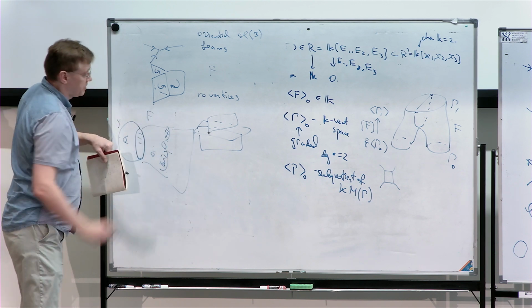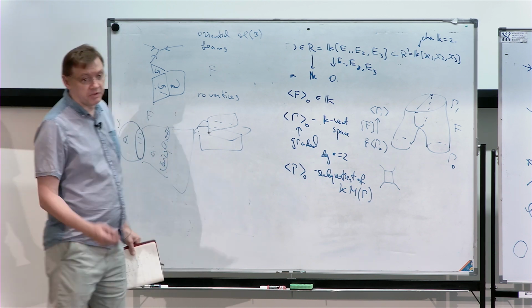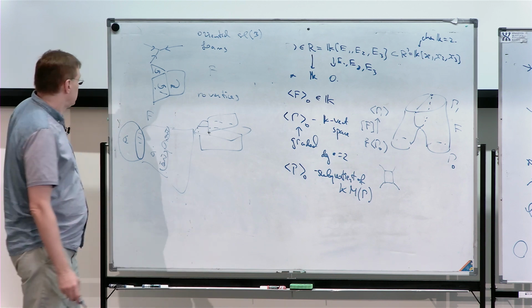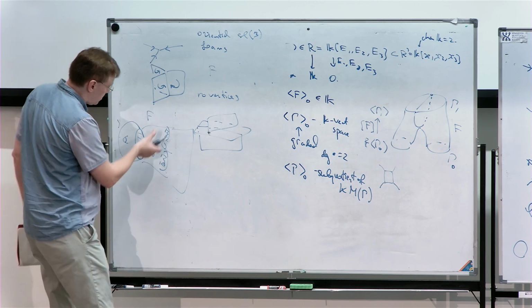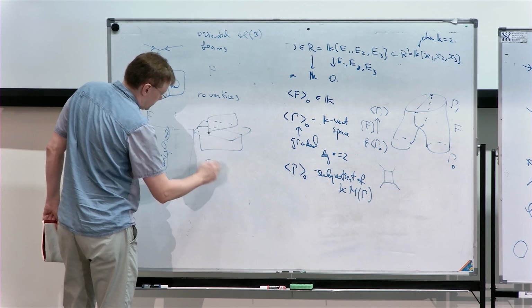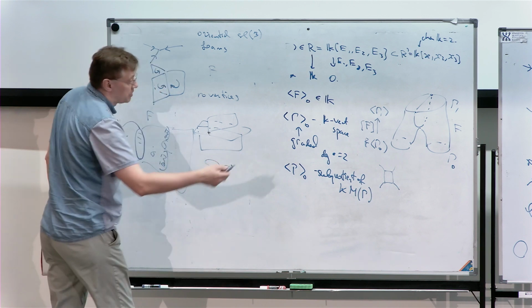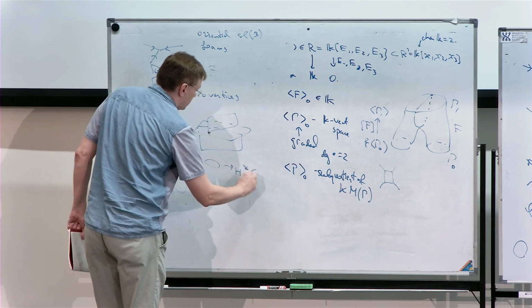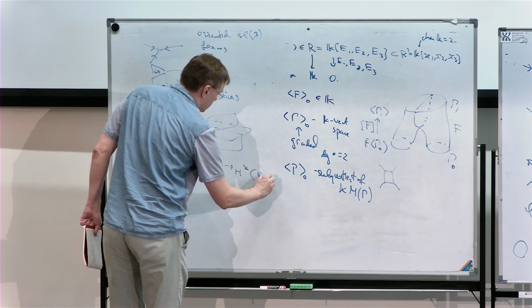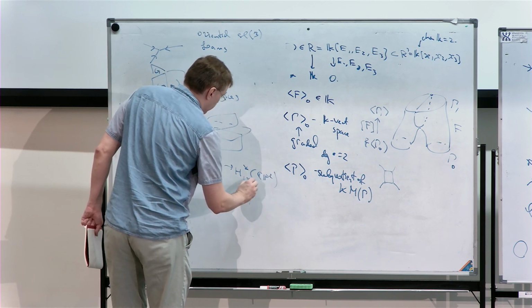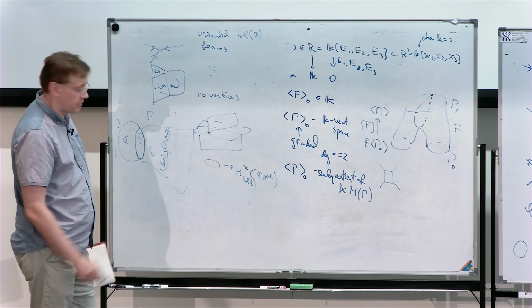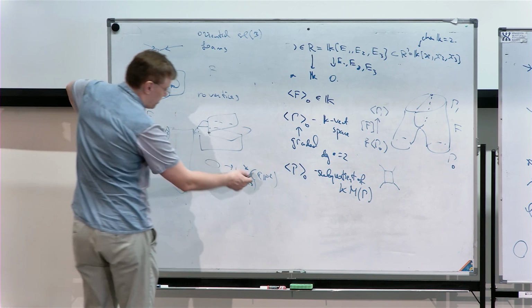Then such a foam doesn't need a fancy evaluation that we saw yesterday. We just take such a foam and we say a circle should correspond to the homology of CP2, over U3. And we know how this works. So this is a Frobenius algebra over the homology of the point.